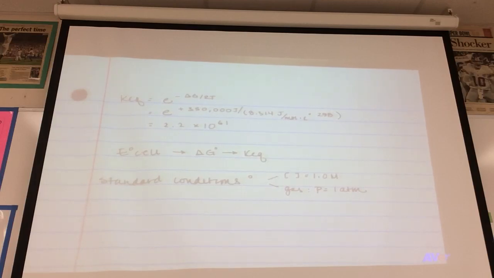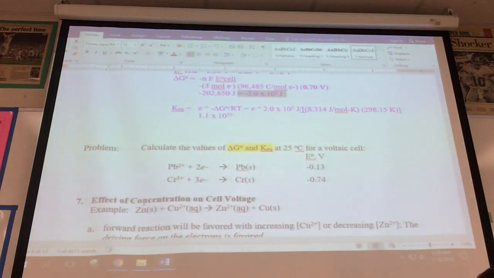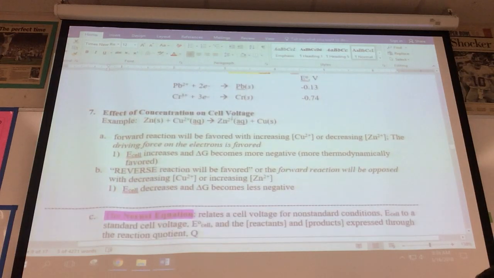I think you'll be good at it because you really grabbed Le Chatelier's principle and you can think of it that way, but you don't explain it that way, and we'll go through the pieces there. We want to look at the effect of concentration on cell voltage.